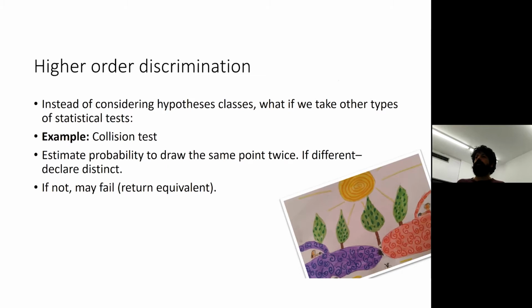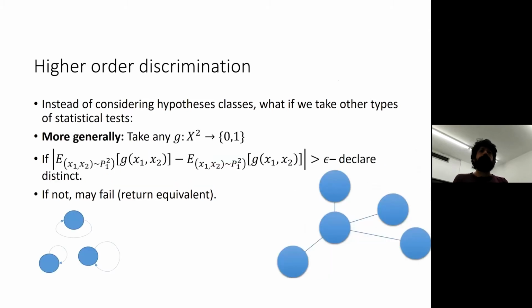Because if there are no fat singletons that have high probability, you would also not have collision, and vice versa. But at least formally, this test is not defined by some hypothesis class. So we can think of a general framework which goes beyond learning or testing with a hypothesis class.